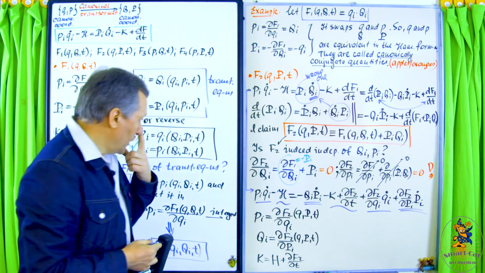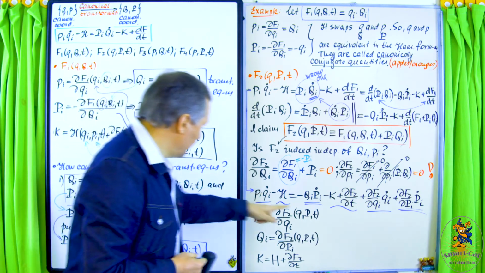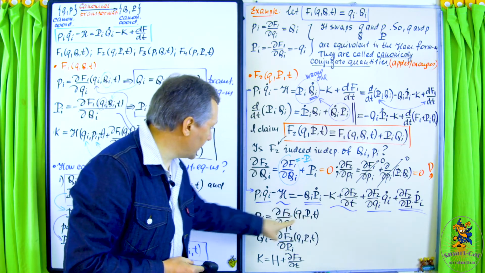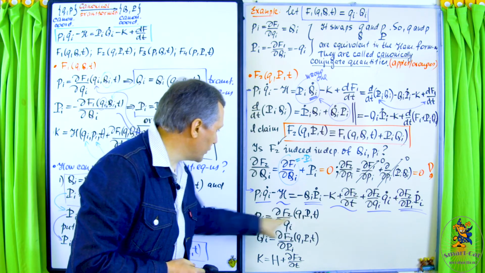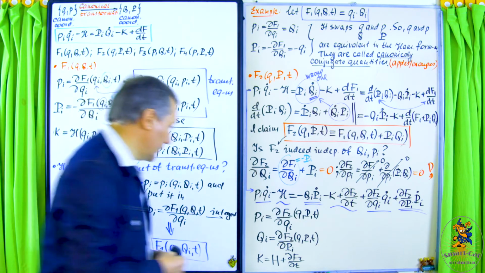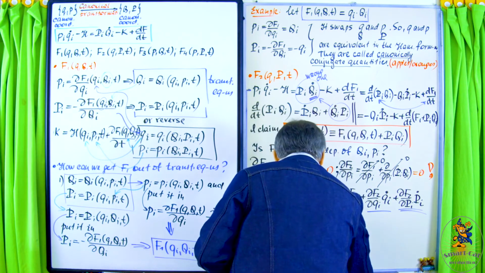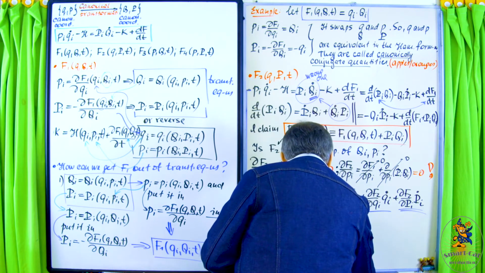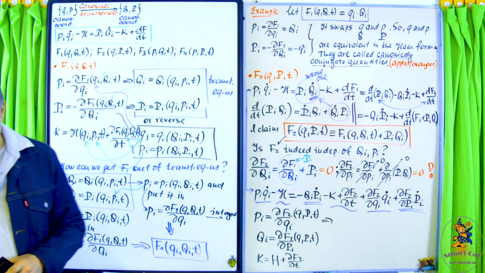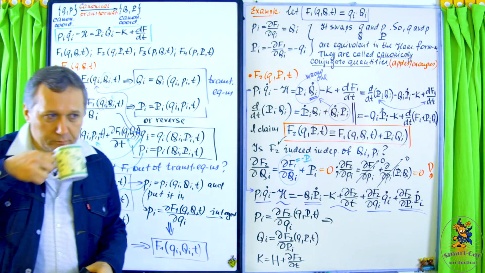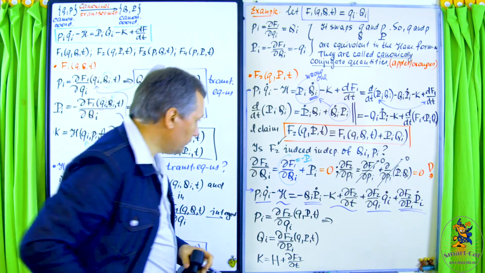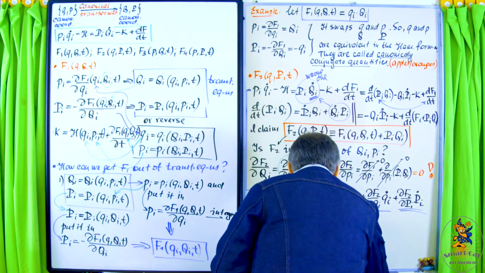And so P capital, after differentiating, we can get P capital, and we can write it in terms of q small, p small. First transformation equation. So from here, we can get the first transformation equation.